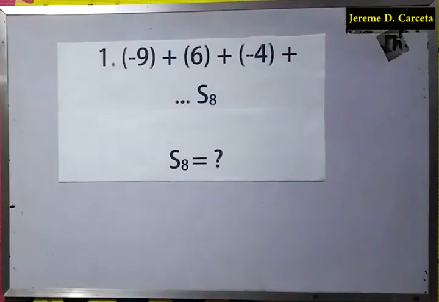We have negative 9 plus 6 plus negative 4 plus, until the 8th term. Therefore, we have to find the sum of the 8 terms, S sub 8.